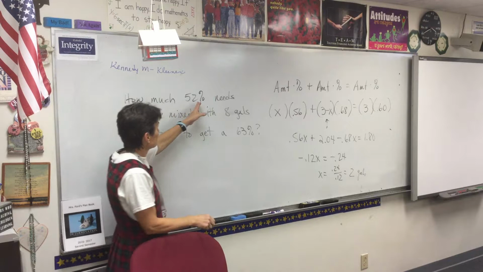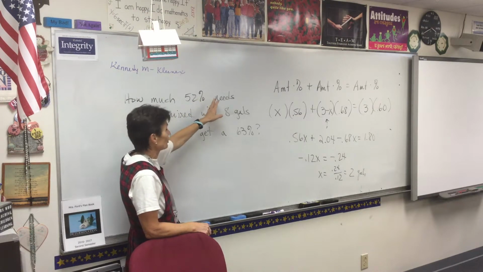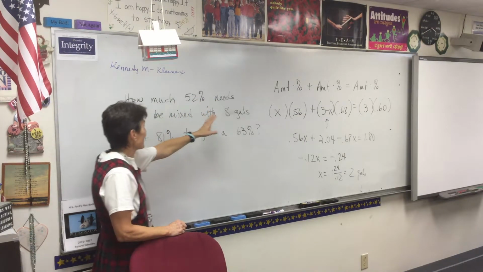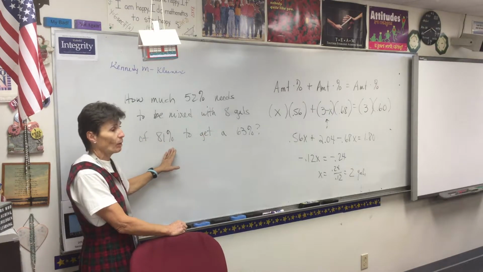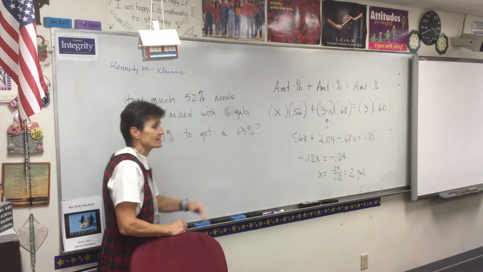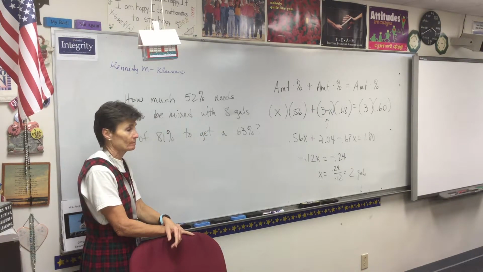How much of a 52% mixture needs to be mixed with 8 gallons of an 81% mixture to get a 63% mixture?